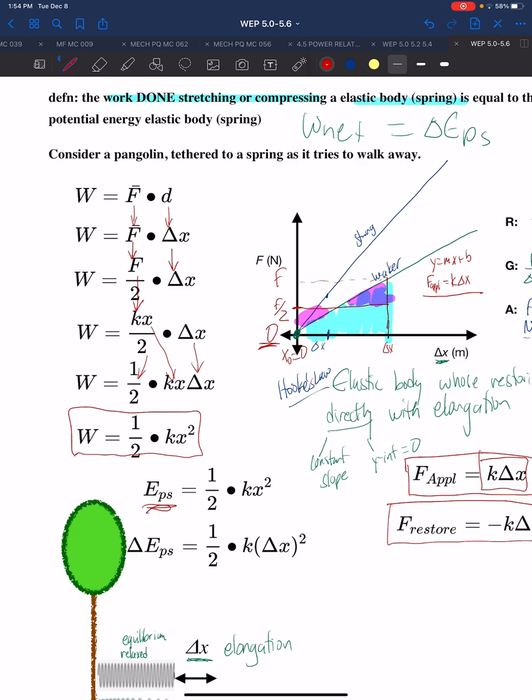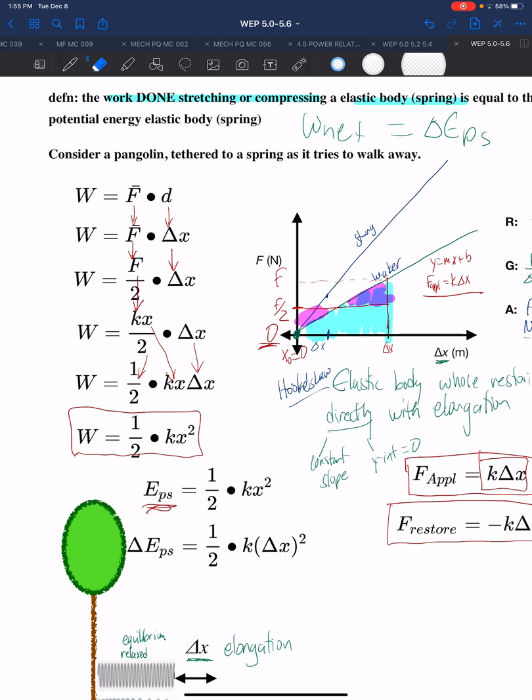And since the total potential energy is equal to 1/2 kx squared, and we started with the potential energy of the spring of 0, then the change in potential energy of the spring is equal to 1/2 k times the change in x squared.